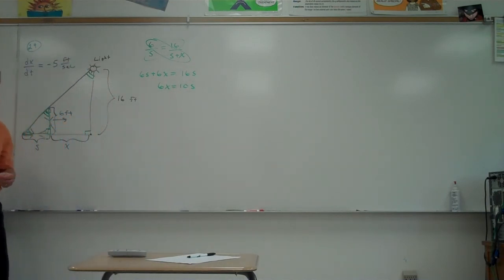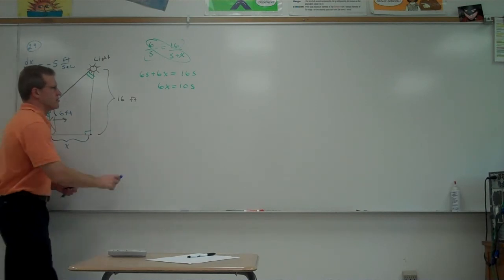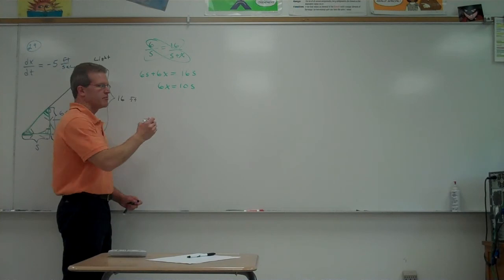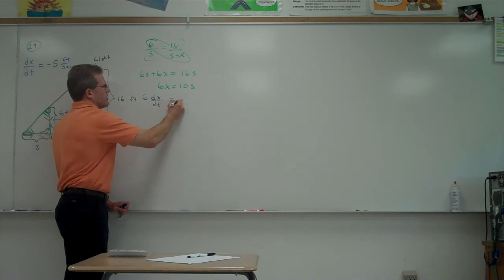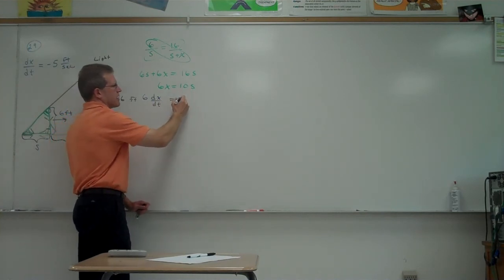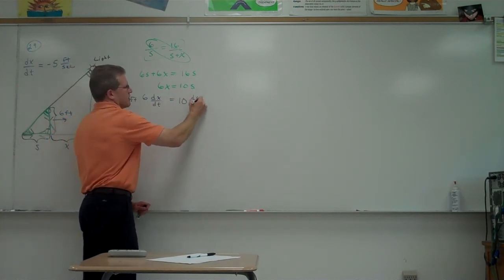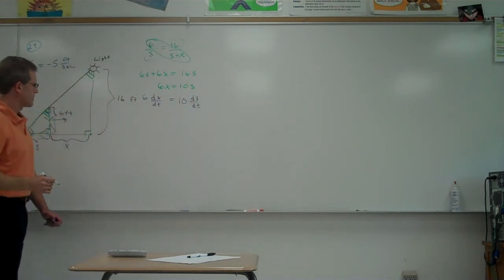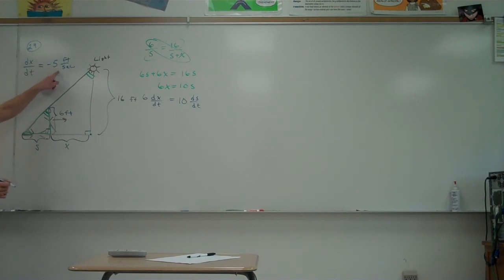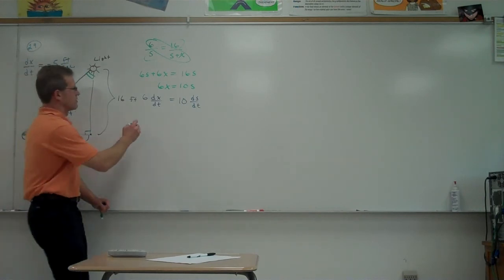Any questions so far? Now I'll just do the derivative with respect to time. So the derivative of 6x with respect to time would be 6 times dx dt equals, the derivative of 10s with respect to time would be 10 ds over dt. And we know that dx over dt is negative 5.